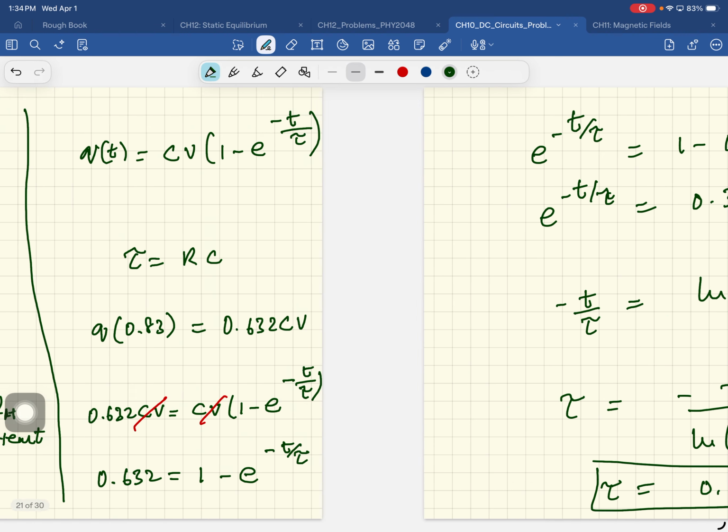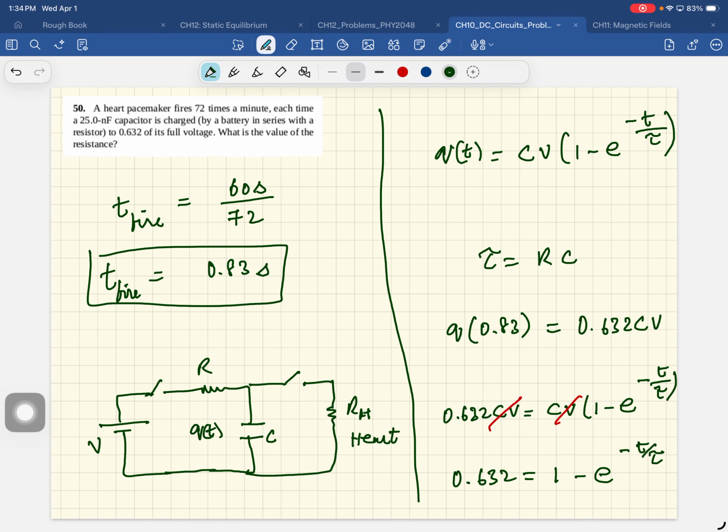So what we found was, remember, the larger this resistance, the slower this thing charges. This was 33 mega ohms, and it would take about 0.83 seconds to charge to 63%, and then you fire it. Now, when you go for a run, what has to happen? It has to fire more frequently. So you have to charge it faster, meaning you have to reduce the value of this resistance.